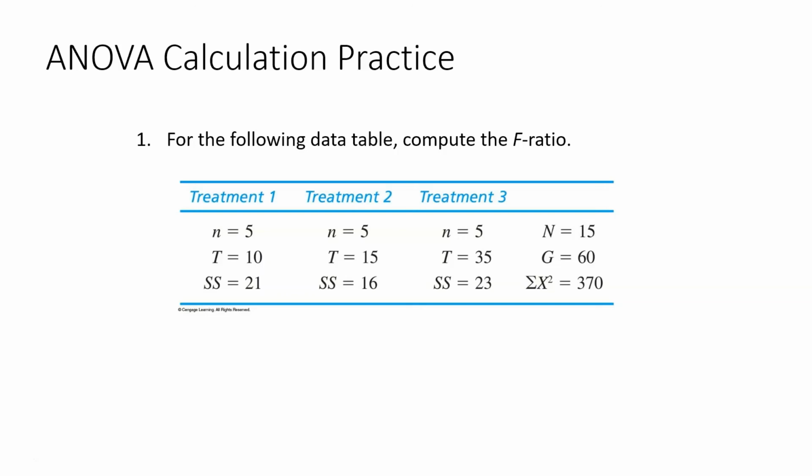I haven't given you the scores because you don't need them when I've given you all this information. You should be able to figure out, based on this information, for treatment 1, treatment 2, and treatment 3, your F ratio. That's your goal. So pause the video and figure out your ANOVA, your F ratio, using those 9 steps.